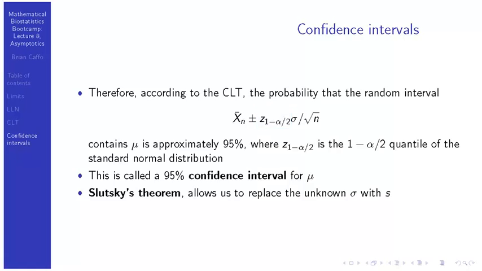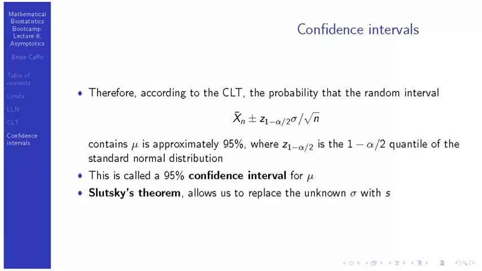Imagine if you wanted a 90% interval. Then α would be 0.1, divided by 2 is 0.05. So we need the 95th percentile to plug in there if we wanted a 90% interval.